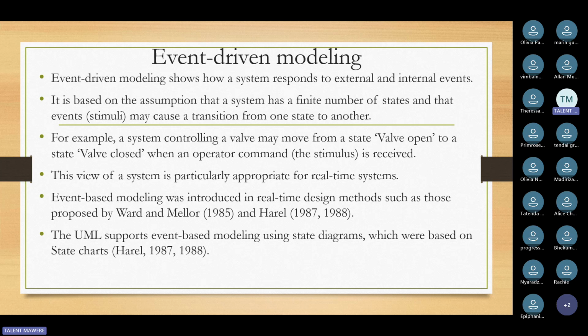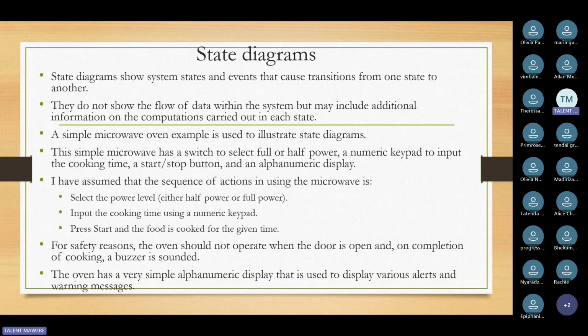It can be both data-driven and event-driven. So there are some systems in which you are supposed to draw a data flow diagram, whereas in other systems you are supposed to draw a state diagram. You can have a system drawing both the state diagram and the data flow diagram because these systems are different. One is event-driven, another is data-driven.